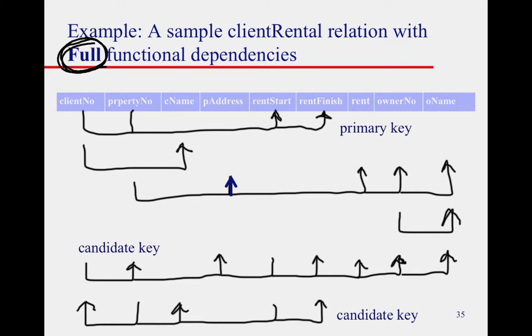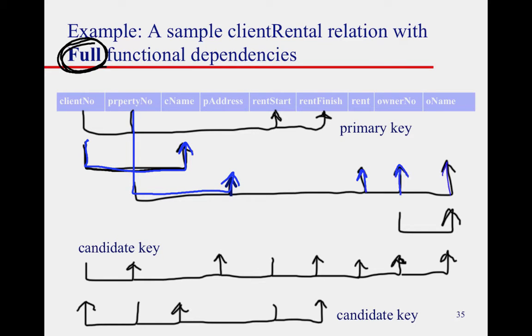The reason we only have those two is because client number determines the client name, so this one right here, and the property number determines these other ones.